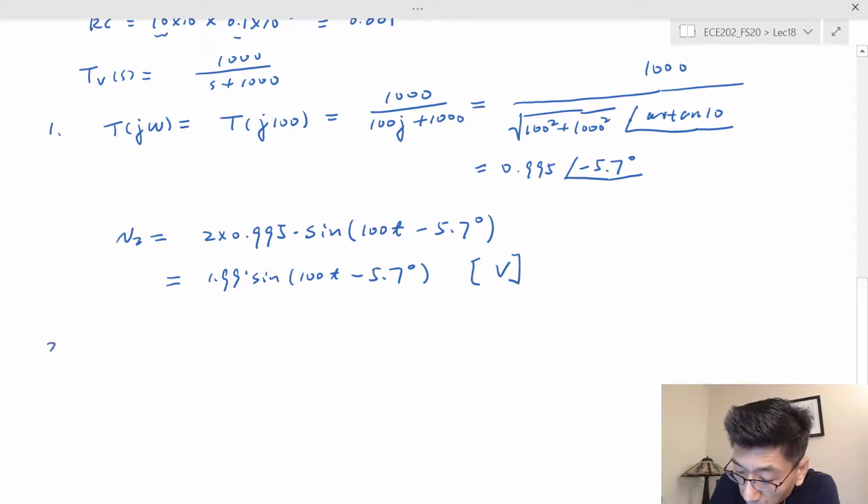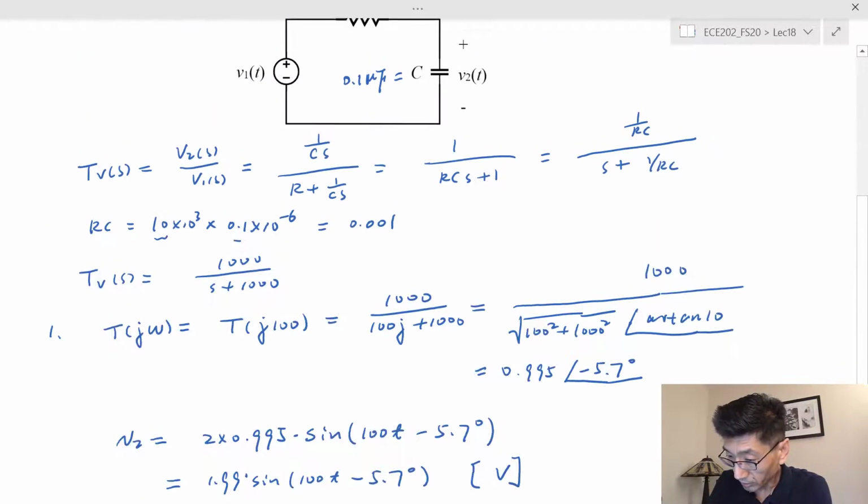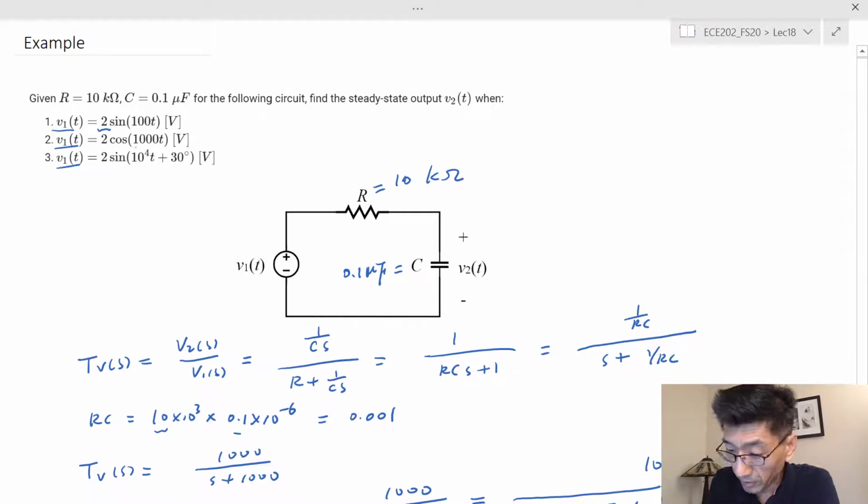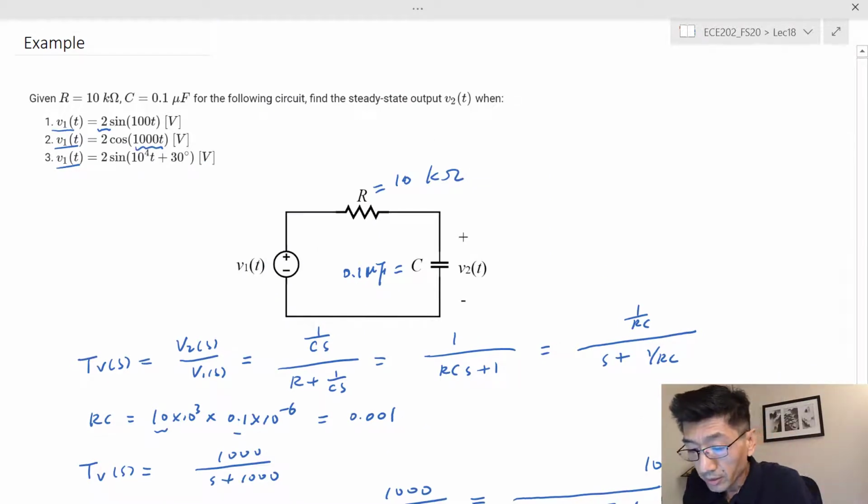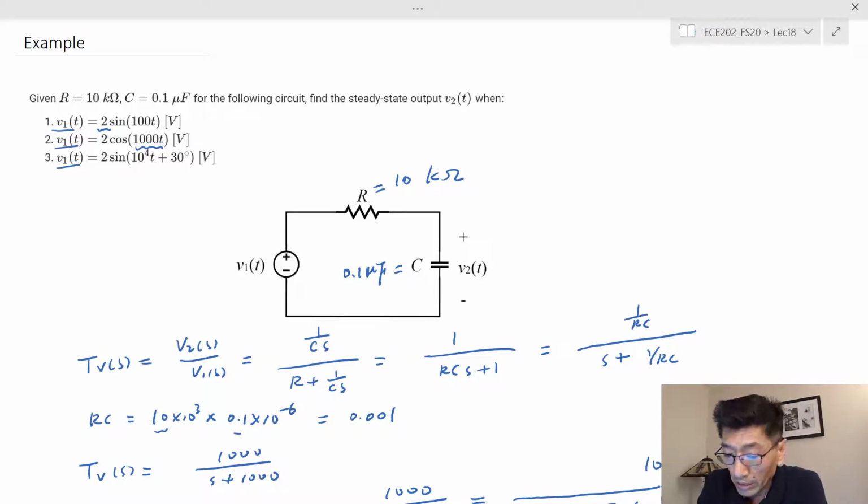For the second one, it's similar. T(j omega) is going to be equal to T(j1000), since we have 1000t. The angular frequency omega is 1000 radians per second.